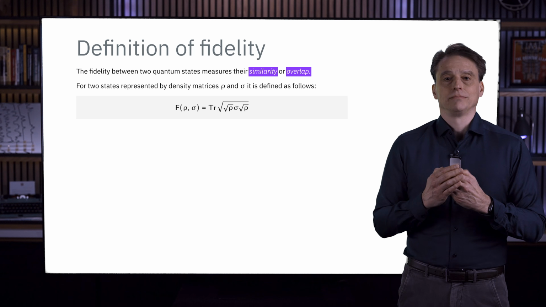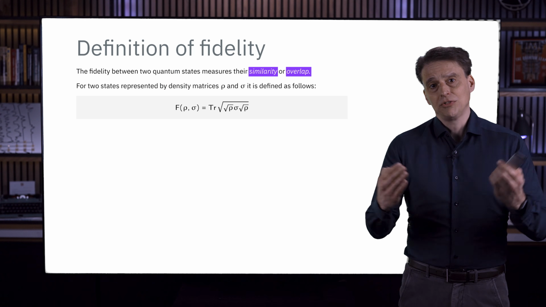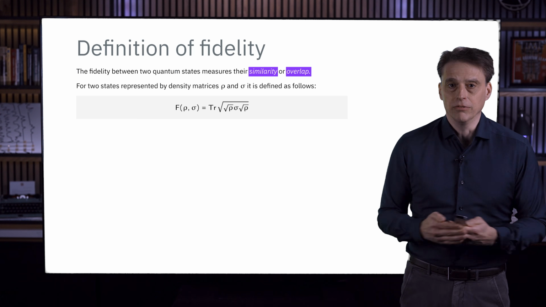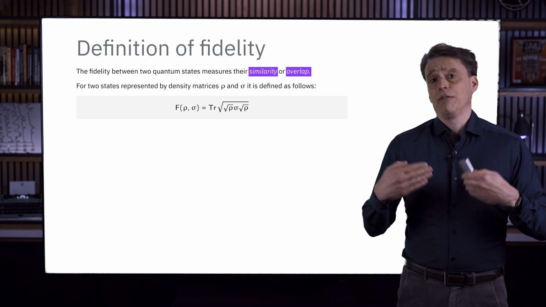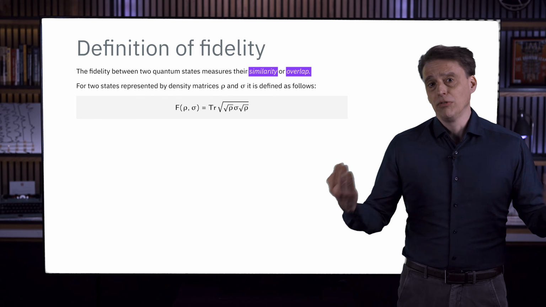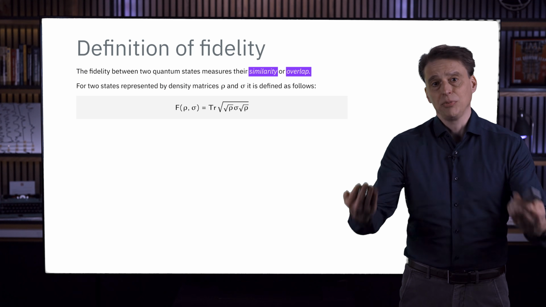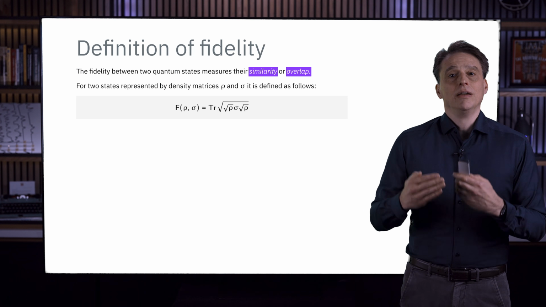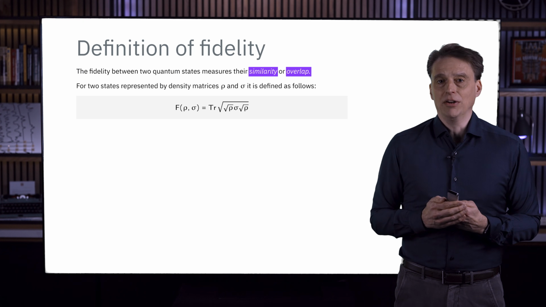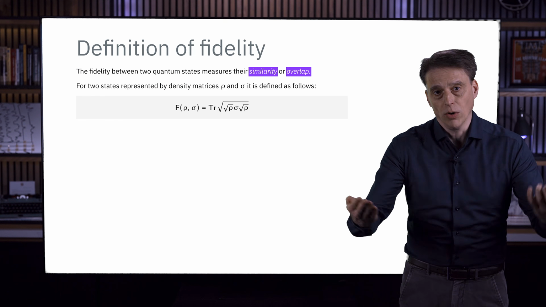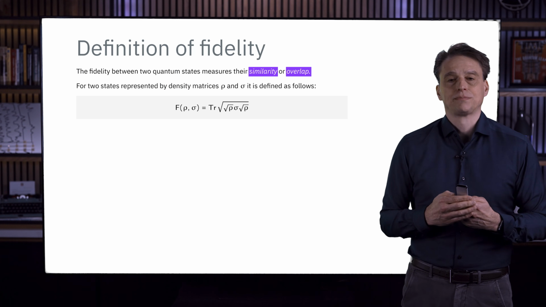We'll talk about it. First, let's just try to make sense of the definition itself. We have three square roots, and they all refer to the square root of a positive semi-definite matrix, which, as we discussed in the previous lesson, is the unique positive semi-definite matrix that squares to give us whatever matrix we're taking the square root of.